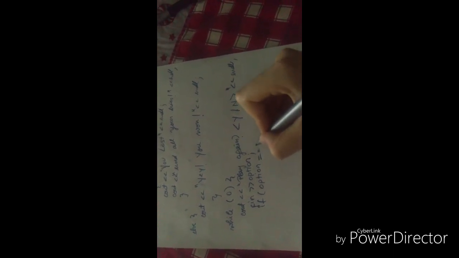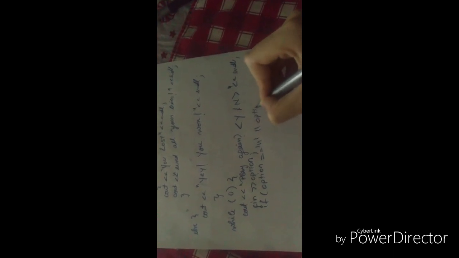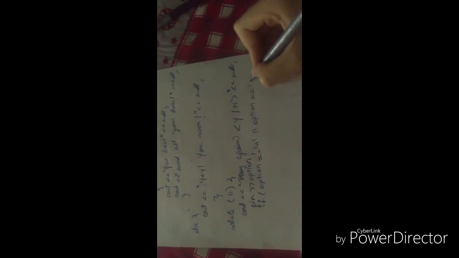and then we're going to say if option equals n, or option equals capital N. You have to test for both if you want to have an efficient game. We're going to say break.